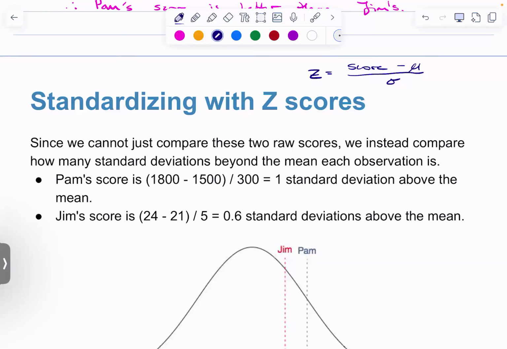In general, or more simply, we have Z is X minus mu over sigma, where X is just a placeholder for the thing that you're interested in, the thing you want to standardize or find probabilities associated with. Where X is the value of interest, squeezing a lot on these slides.